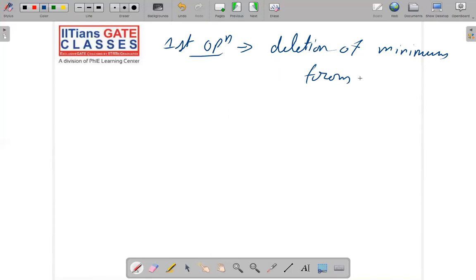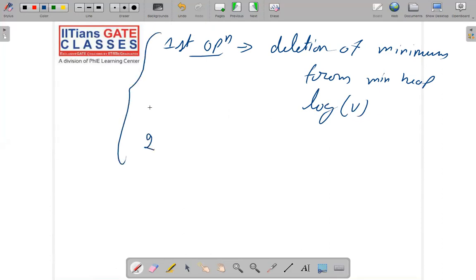Deletion of the minimum from the min heap will take log V time. At each pass we are doing the first operation, and we did this operation V times. So it's V log V.